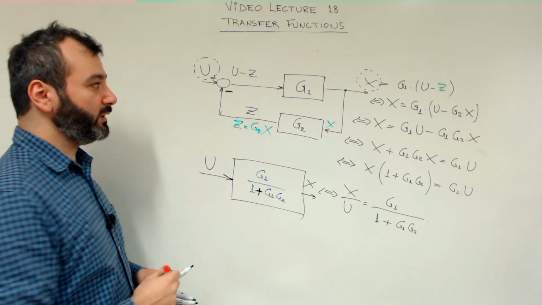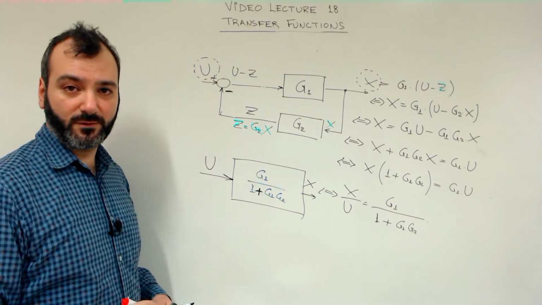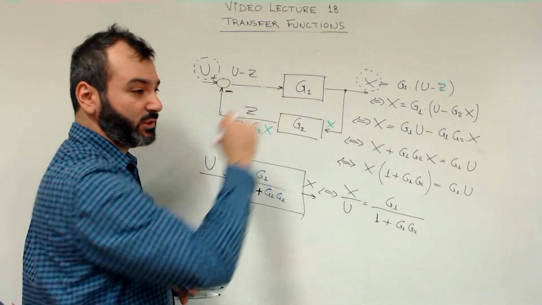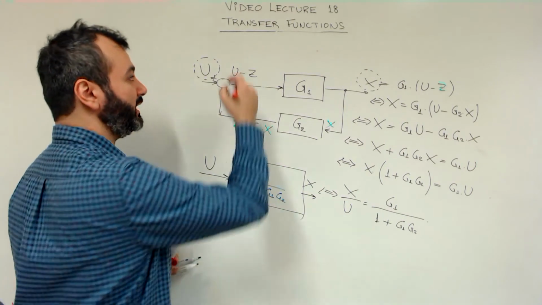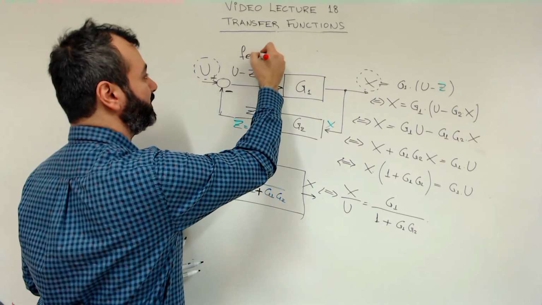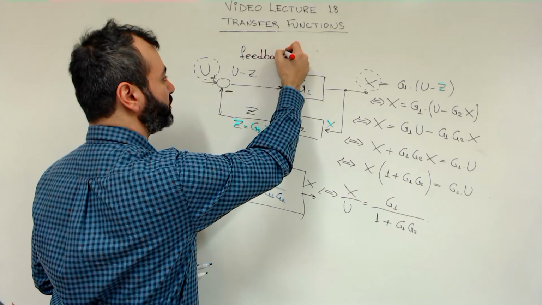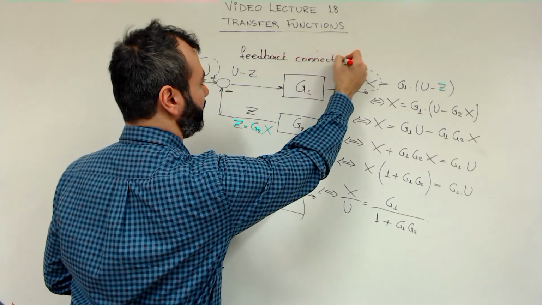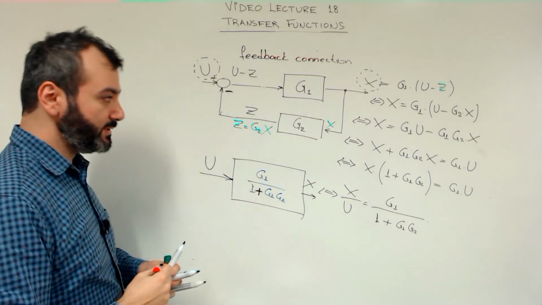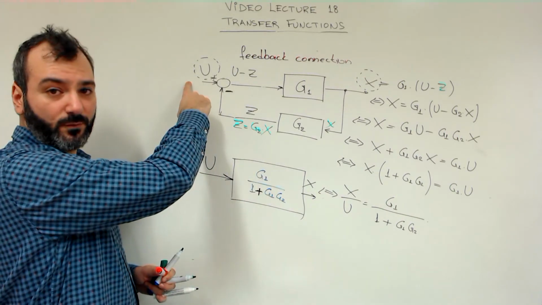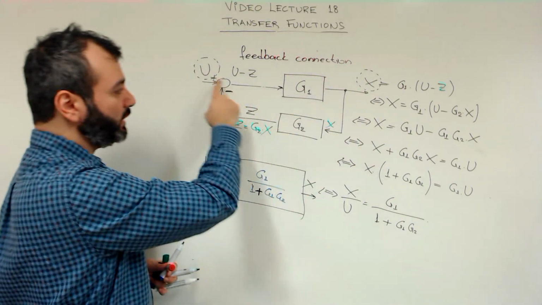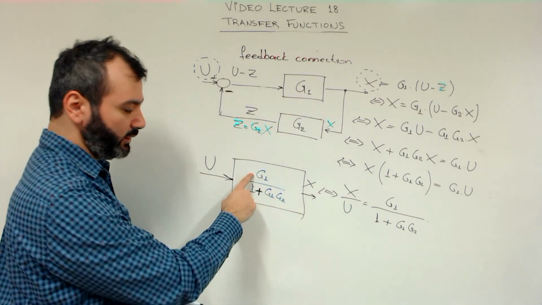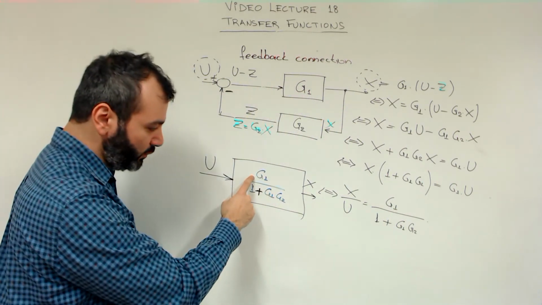So the two important things that we need to keep from this discussion are the series connection that we discussed previously and the feedback connection that we described just now. As you go from the input to the output, you meet G1 and you write G1 in the numerator.